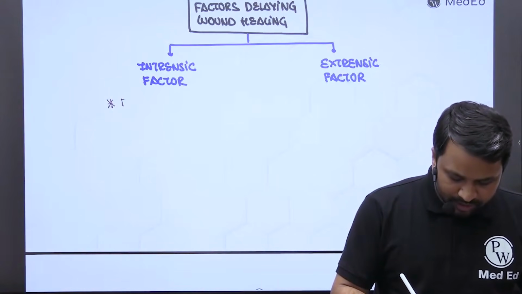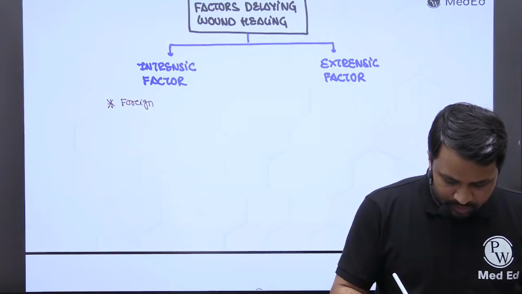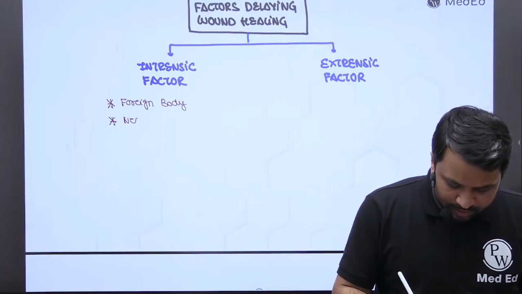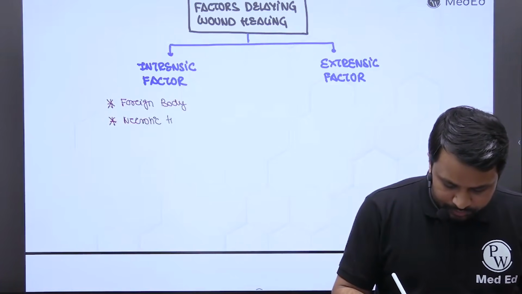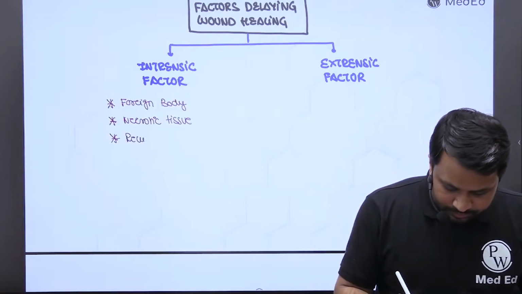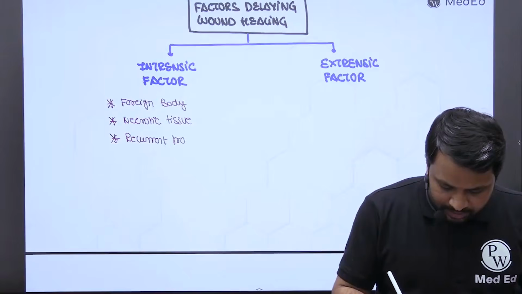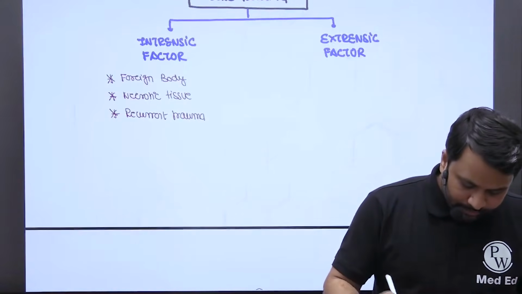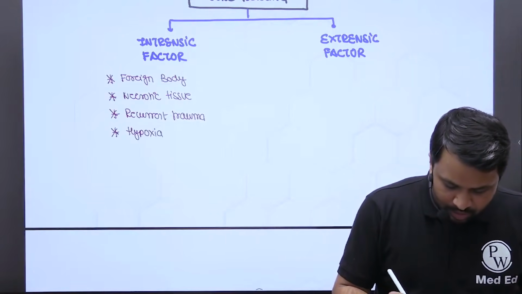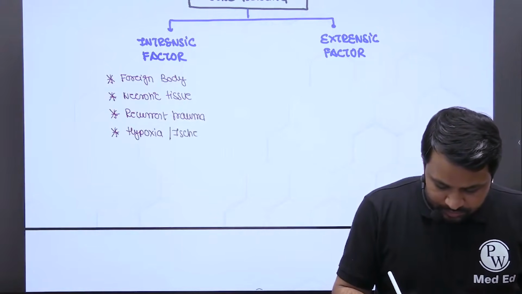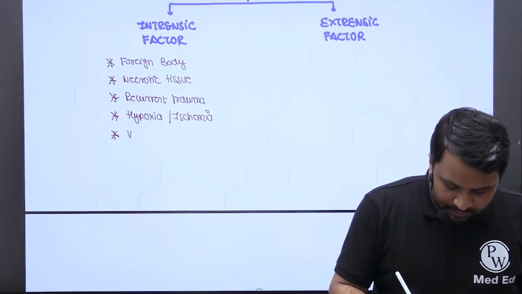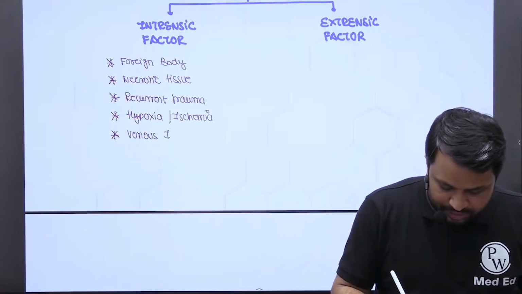Presence of a foreign body inside the wound. Presence of necrotic tissue within the wound site. Recurrent trauma to the wound site. If the wound is associated with hypoxia as well as ischemia, if it is secondary to venous insufficiency.